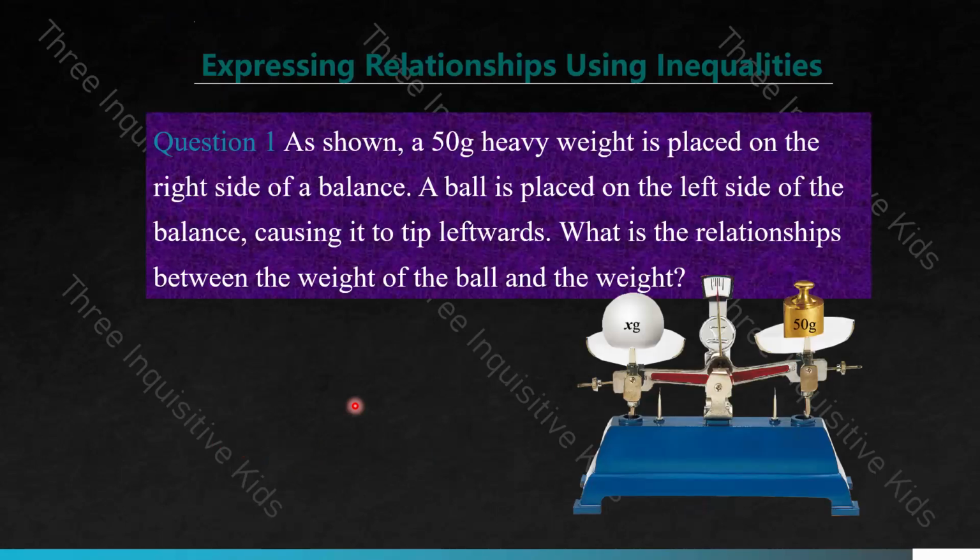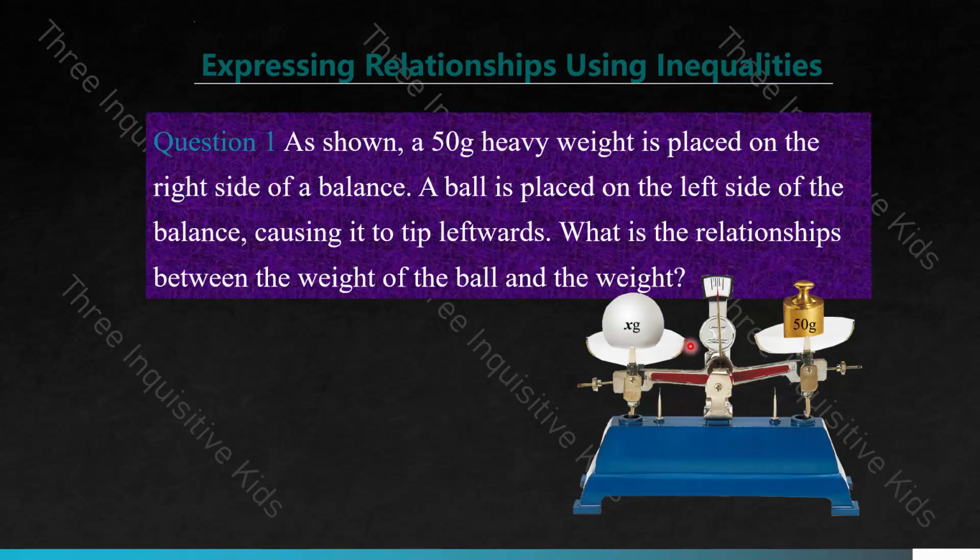Expressing relationships using inequalities. As shown, a 50-gram weight is placed on the right side of a balance. A ball is placed on the left side of the balance, causing it to tip leftward. What is the relationship between the weight of the ball and the weight?